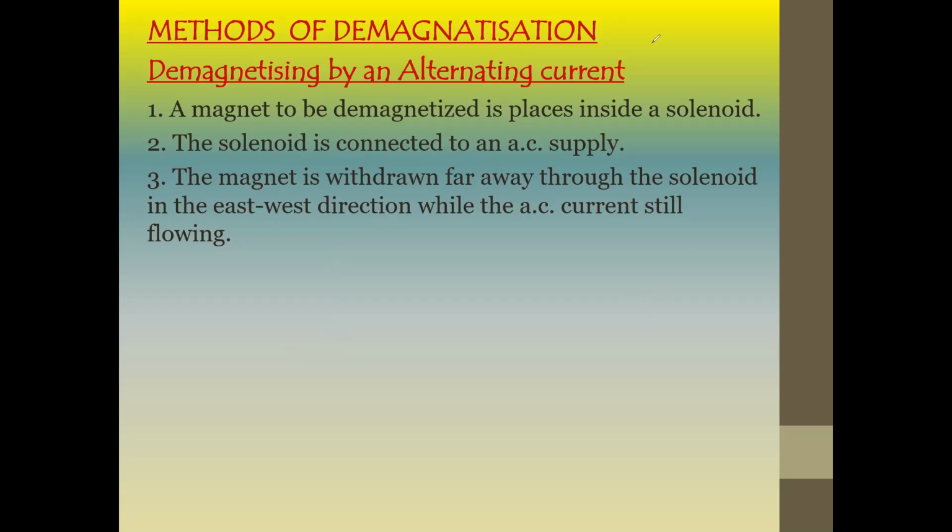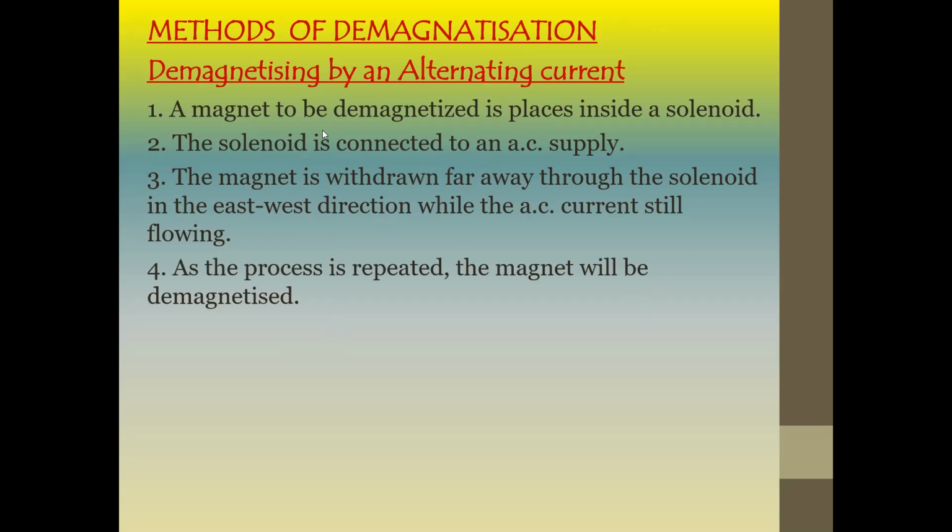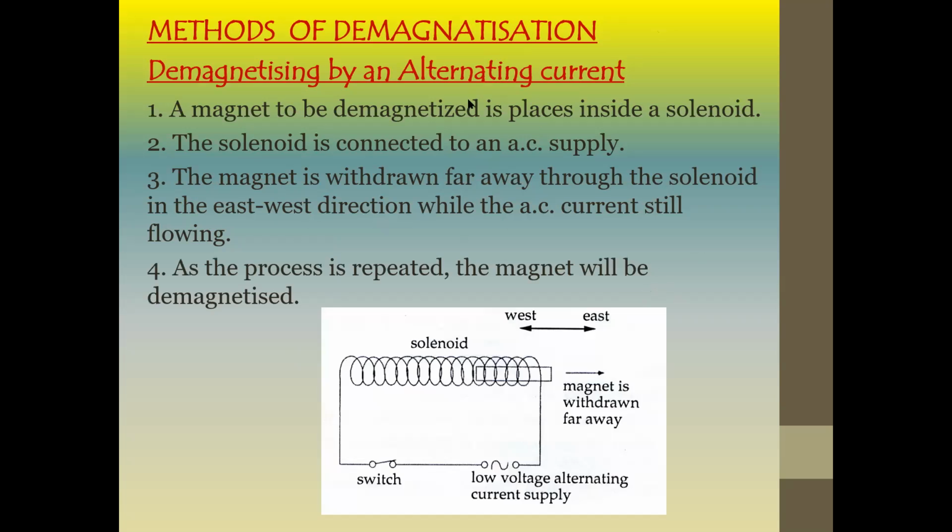You want to reduce the effect of the earth's magnetic field, so you should move it in an east-west direction. As you can see in the picture, we have north, south, east, west, and we are taking the magnet out while passing an alternating current.